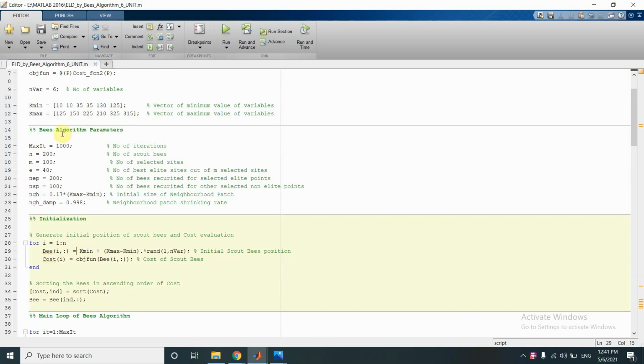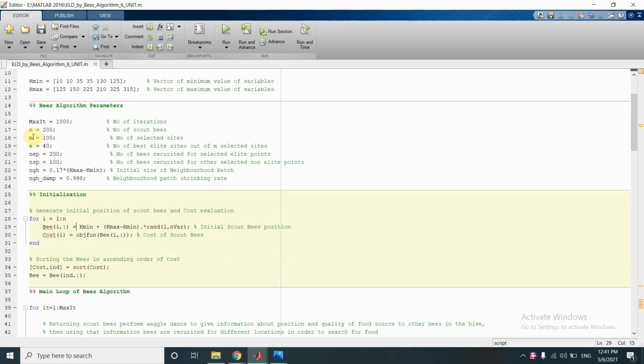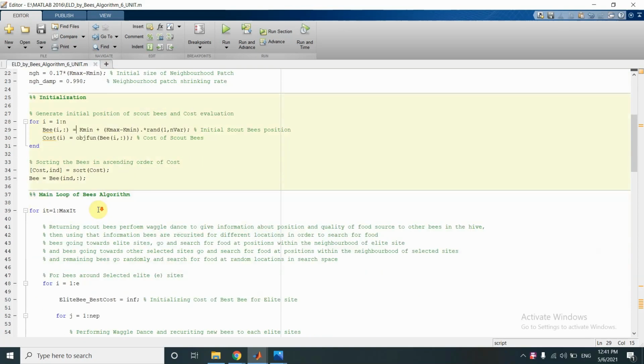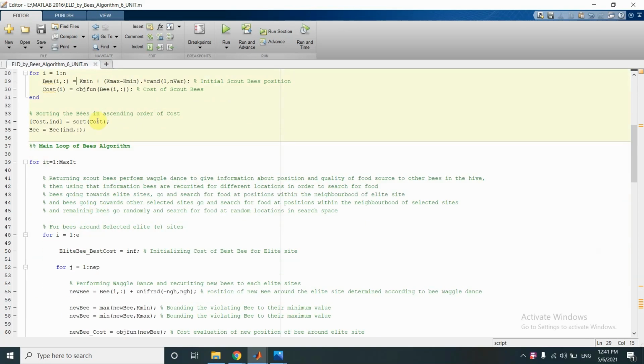So the total population is 200 and selected sites are 100 and elite sites are 40. Once we have sorted the cost in ascending order, the first 40 values are of elite sites, the next 60 values are of non-elite sites, and the other 100 values are of sites which are not selected as elite or non-elite.